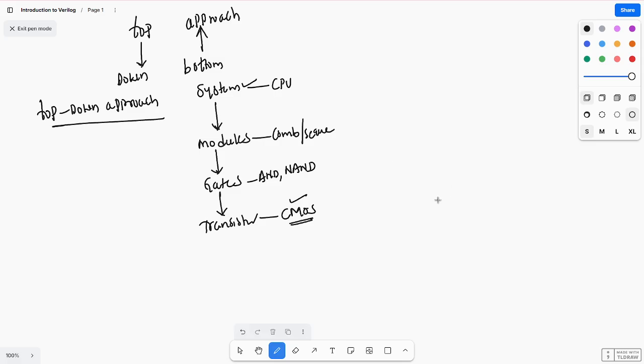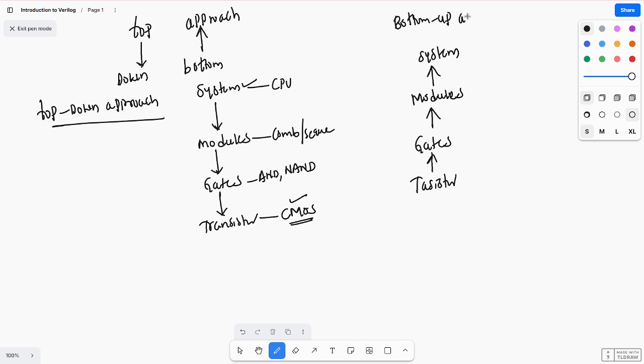Bottom up approach means first it will be transistors, and next you have gates, and with the help of gates you will develop the modules, and with the help of the modules you will develop the system. This is the bottom up approach.